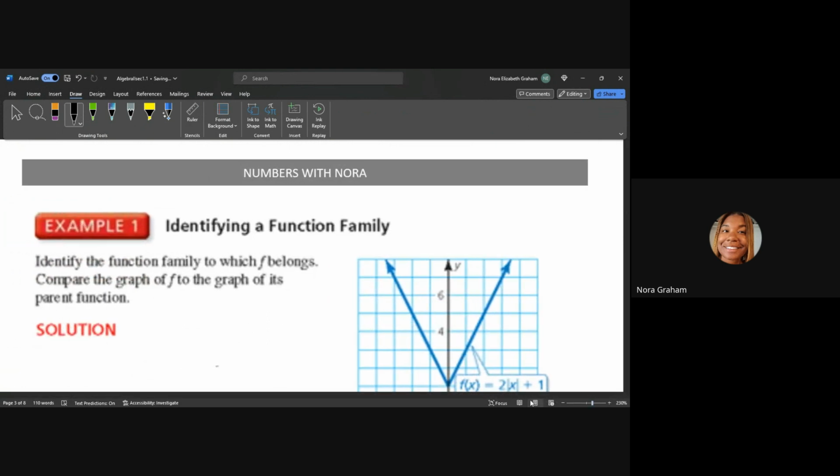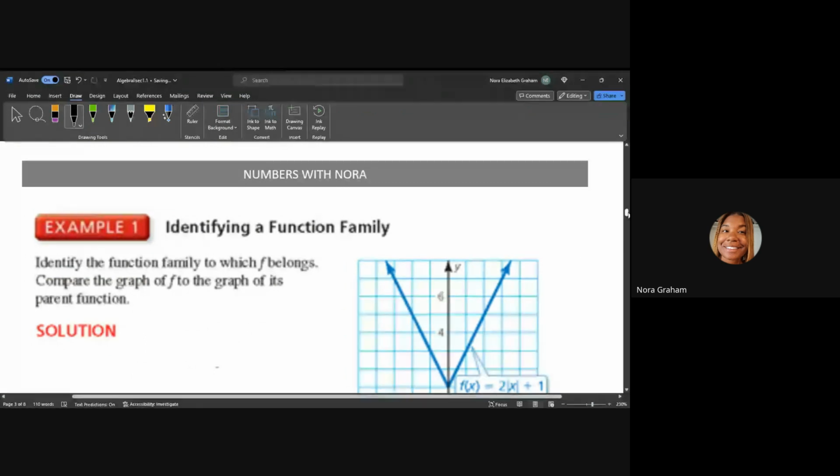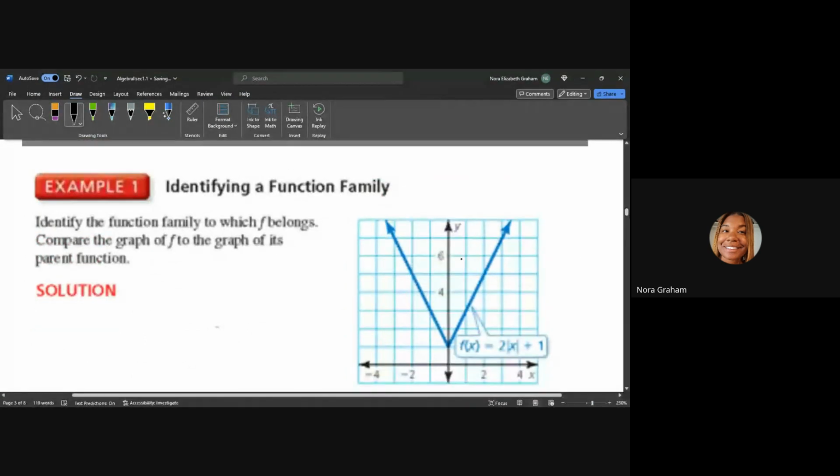So this one says identify a function family. Identify the function family to which f belongs. Compare the graph of f to the graph of its parent function. So right here, they gave us a graph, but let's go ahead and graph our parent function. This one is going to be an absolute value function. So the parent function for absolute value function is always going to be y, or you can do f of x, either or, absolute value of x.